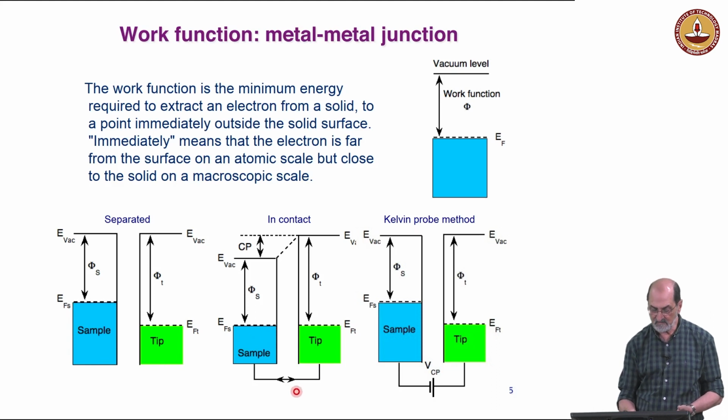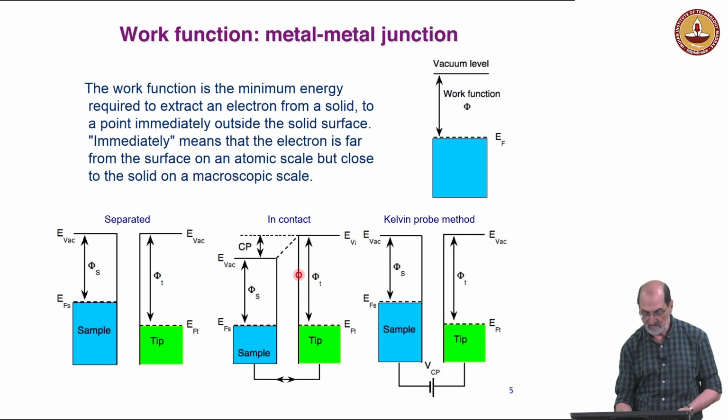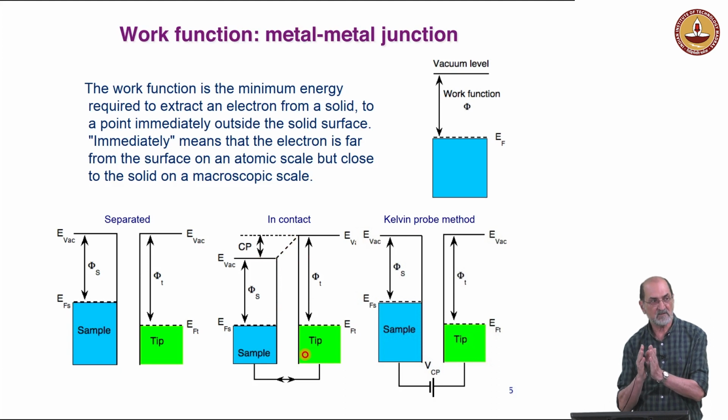And if that happens, that means that we have a negative charge in this metal and a positive charge in this other piece of metal. The vacuum level changes: negative here, positive here. We have here a contact potential. It's called contact potential. We have a different potential here because we have charge here and here. It's like a capacitor of parallel plates.